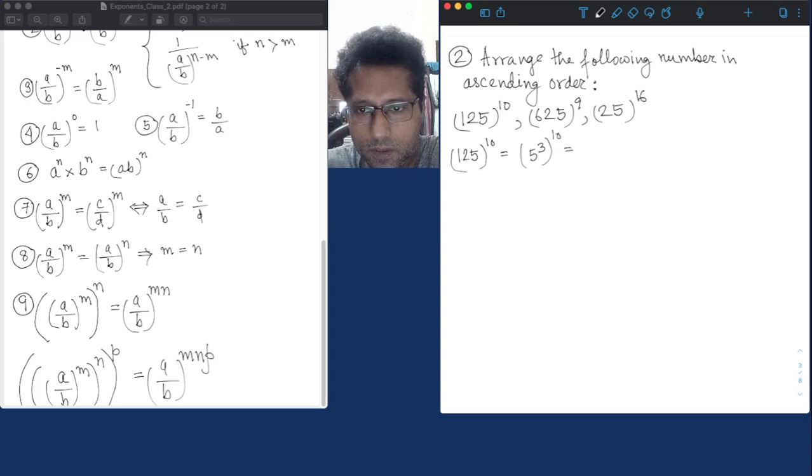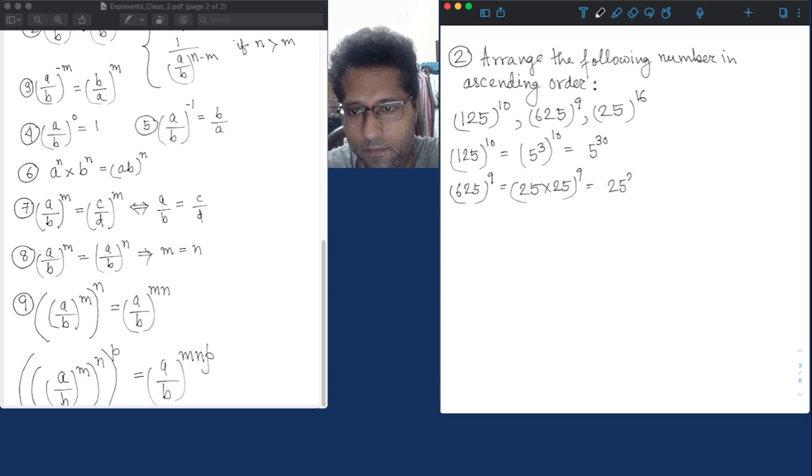So this is 5 to the power 30, and 625 to the power 9. 625 is 25 into 25, and whole to the power 9. This is 25 square whole to the power 9.